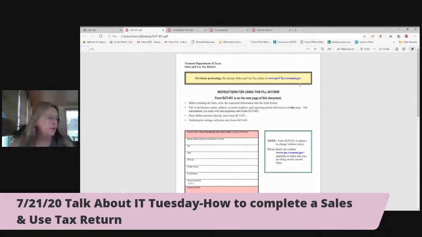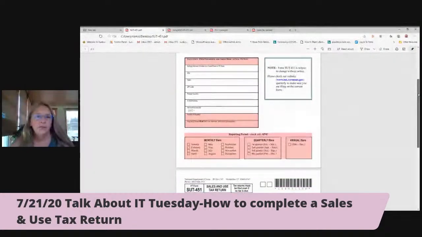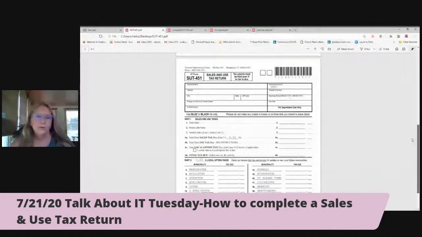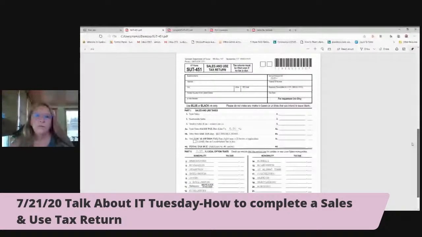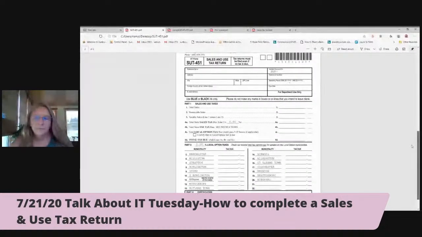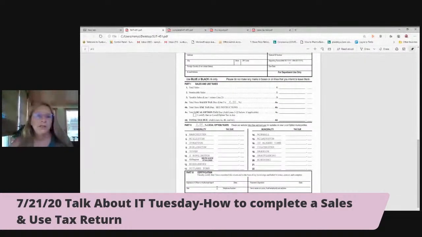So this is my Vermont sales and use tax return. This is the form that I would fill out in order to prepare to go online and actually fill out the form and remit my money. And if you notice, first thing it asks me for is total sales.